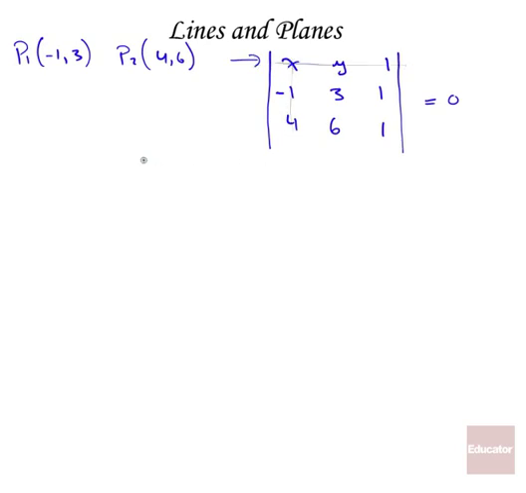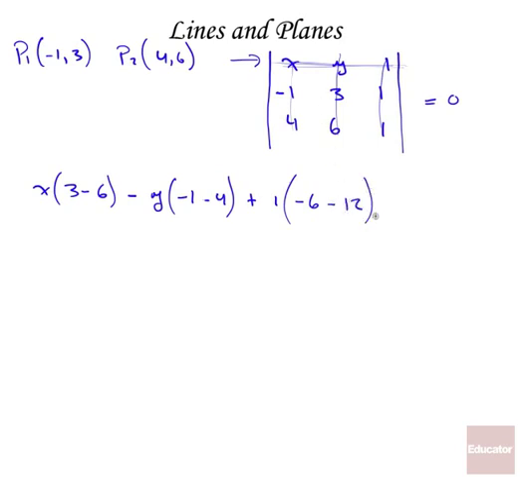So when I do that, I end up with x times this determinant, 3 minus 6. Okay, and I move to the next one, which is going to be a minus. So you remember plus, minus, plus, minus, plus, minus. We alternate signs. So it's going to be minus that entry that I'm crossing out times -1 times 1 minus 1 times 4, plus 1 times -1 times 6 is -6 minus 12.